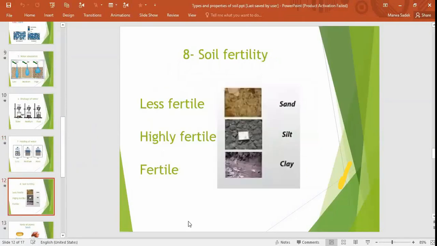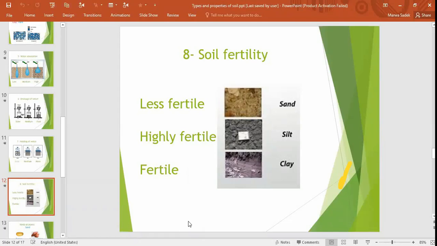What about fertility? Soil fertility. Soil fertility means what? The ability of the soil to grow plants. So the soil with high fertility means we can grow different kinds of plants or vegetables or fruits in this soil.